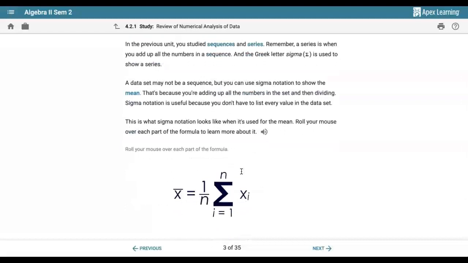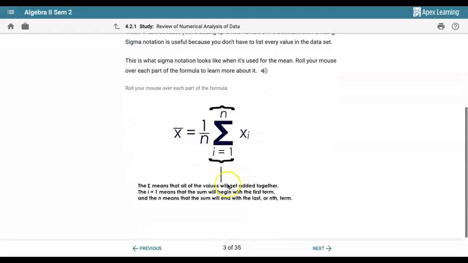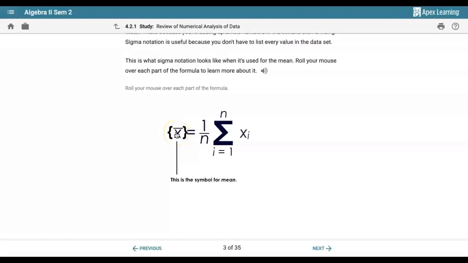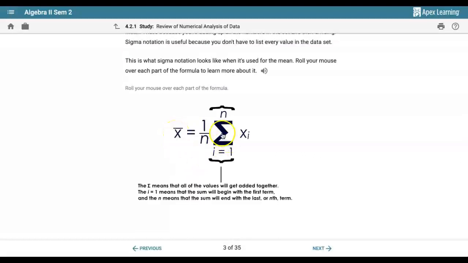Here is x bar, our symbol for mean, and this big symbol, the little sideways Greek E, our sigma, means the sum.